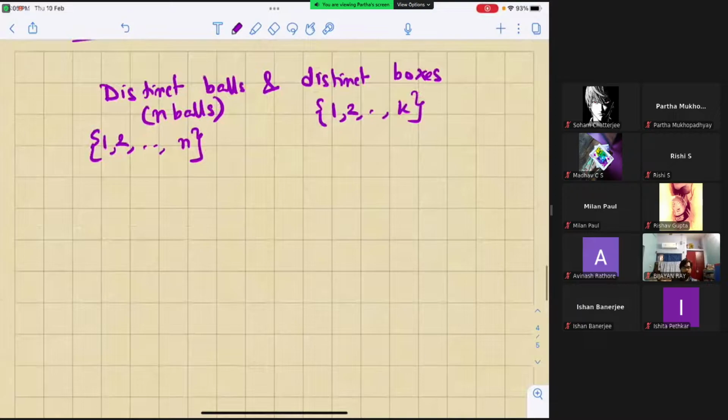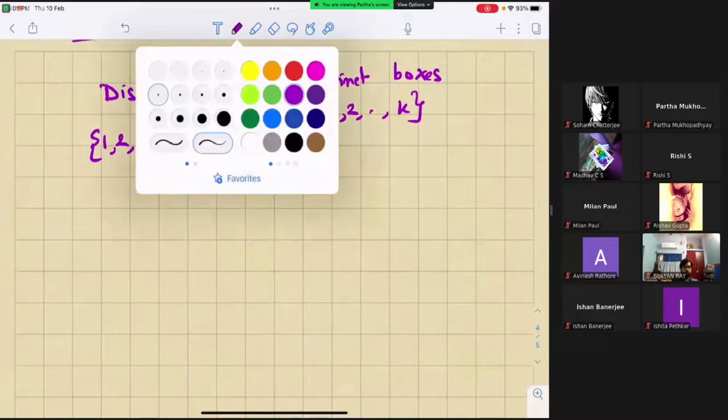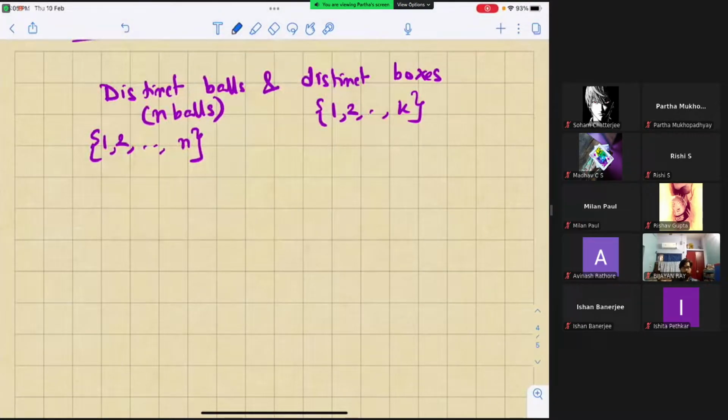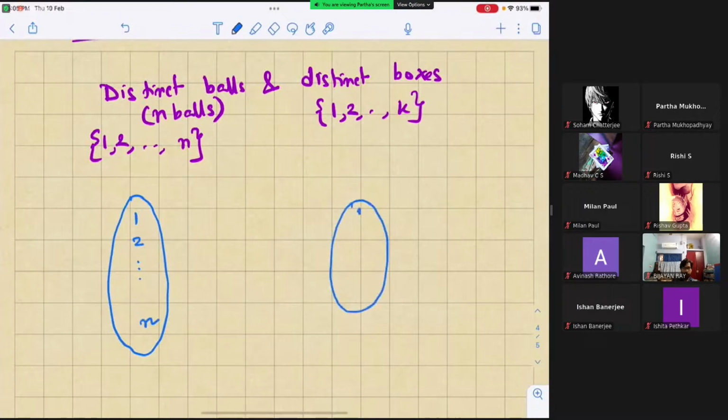Okay, so let me draw the picture. So this is your 1 to n. Let's say these are the balls, and these are the boxes, 1 to k. Now, mathematically, what does it say?